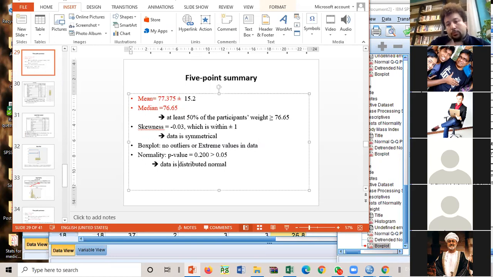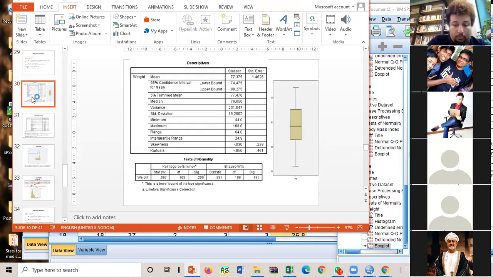So descriptive, more or less, that's all you are supposed to know, how to describe the data. Prof, can you please show slide 30? Regarding the box plot, we can only check whether there are outliers or extreme values based on the box plot graph, not from the table given, right?